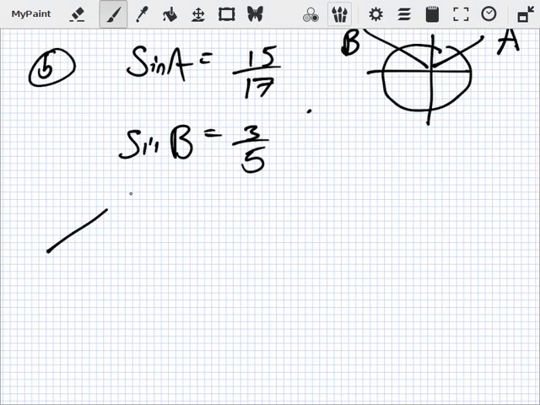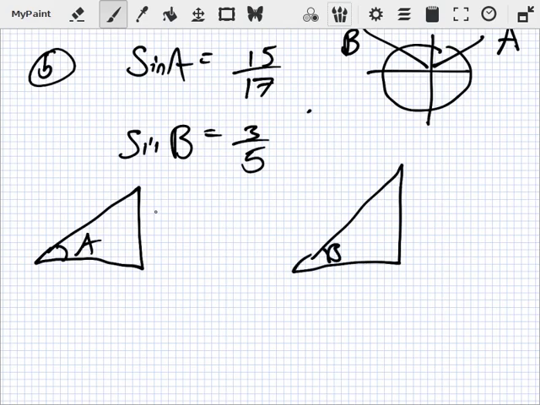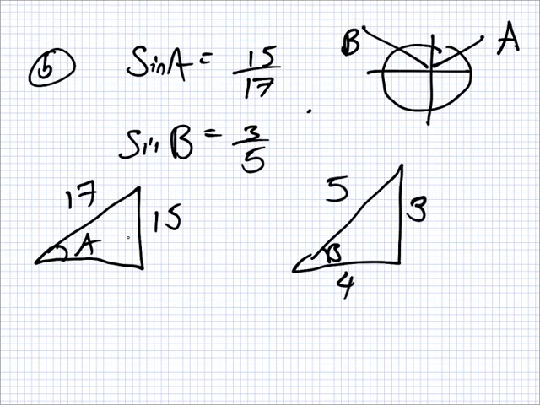The triangle for A and then the triangle for B. So A is 15 here, 17 here, and B is 3 here, 5 here, 4 here, and that's an 8 here, by the way.